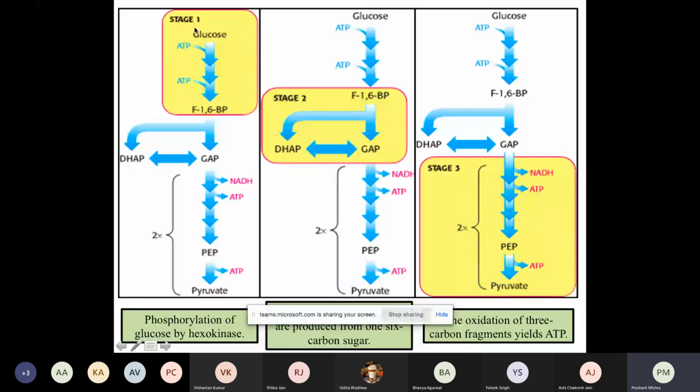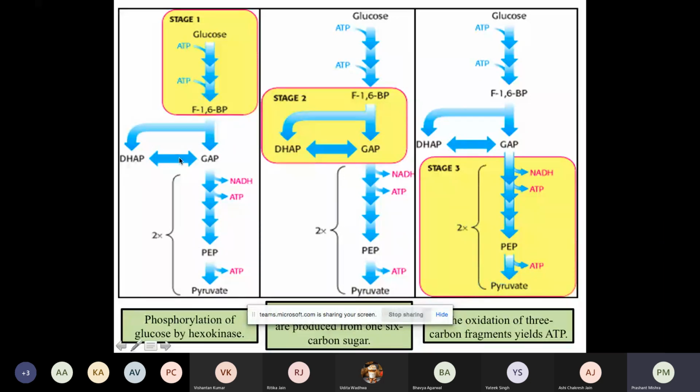So what we have done is talk about stage 1, where glucose is converted into fructose 1,6-bisphosphate. You have seen one molecule of ATP utilized in the formation of glucose 6-phosphate from glucose, and a second molecule of ATP utilized for the conversion of fructose 6-phosphate to fructose 1,6-bisphosphate. We have also talked about stage 2, where fructose 1,6-bisphosphate is converted into glyceraldehyde 3-phosphate as well as dihydroxyacetone phosphate.